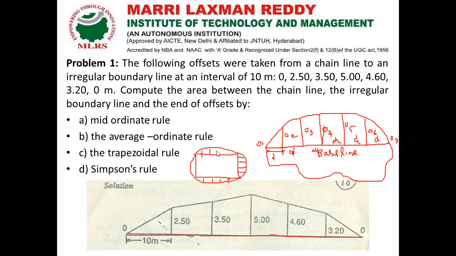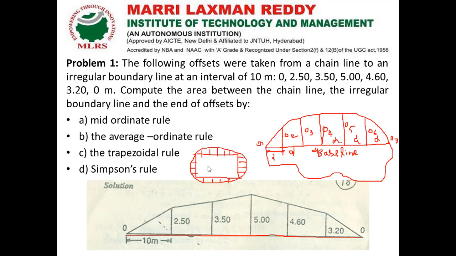So these things we are dealing in surveying when we go for land area calculation. So these are all the offsets, and this is the area. By adding all these, 1, 2, 3, 4 and 5, we can get the entire area of the field.